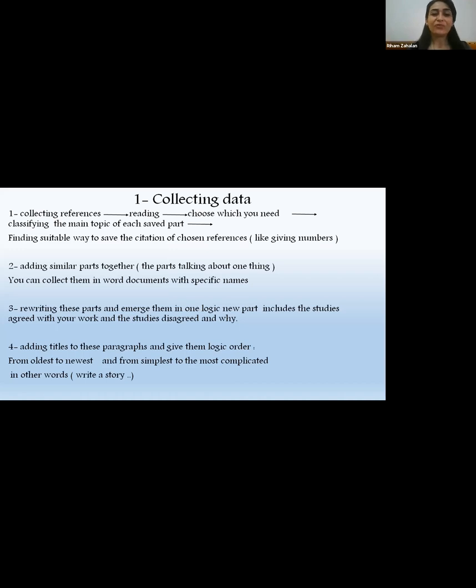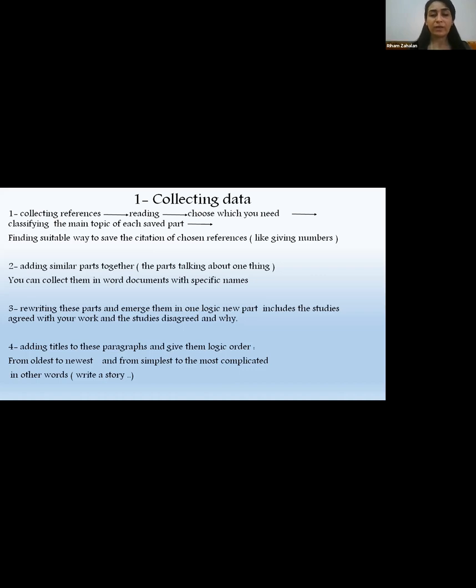Yes. After rewriting them, I need to add titles to these paragraphs. For example, if I was collecting references about soil pH, I can make that paragraph and then give it a title. It's about soil pH. Give it a logical order.